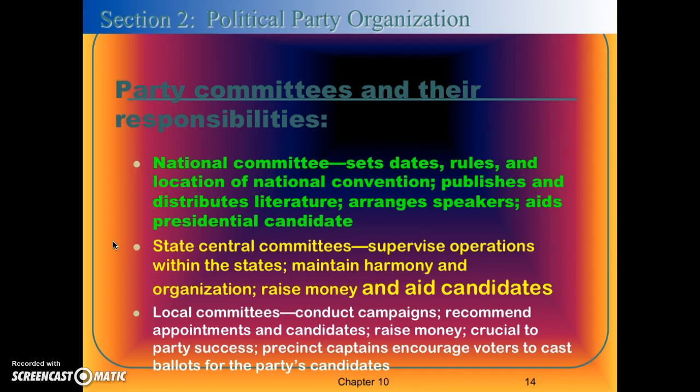Then we're going to have the local committees. Local committees conduct the campaigns. They recommend appointments and candidates. They help raise money. They are crucial to the party's success.